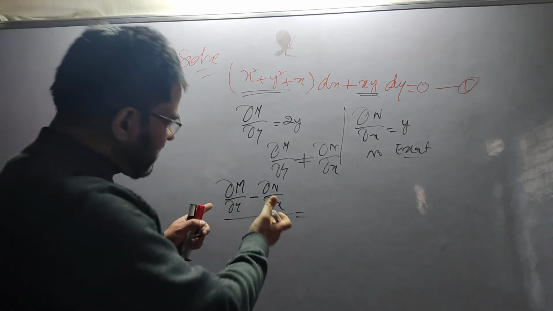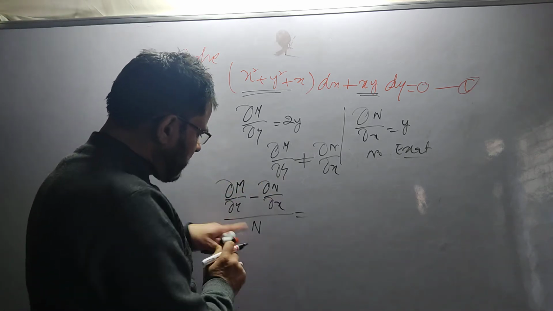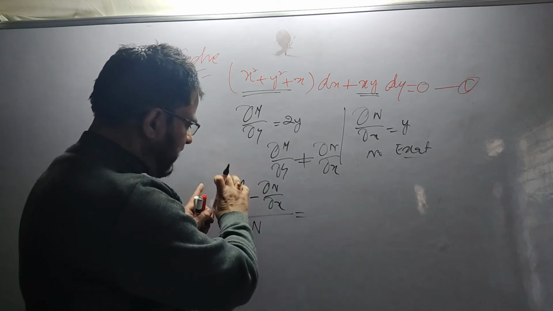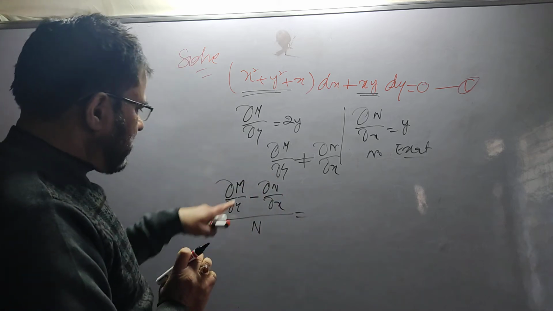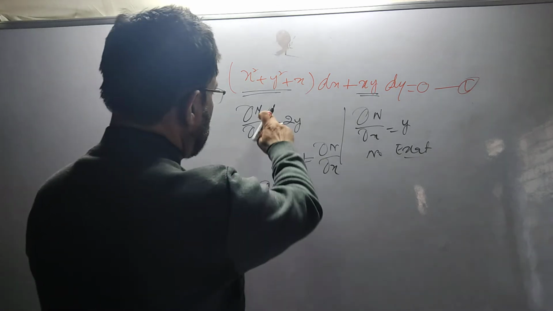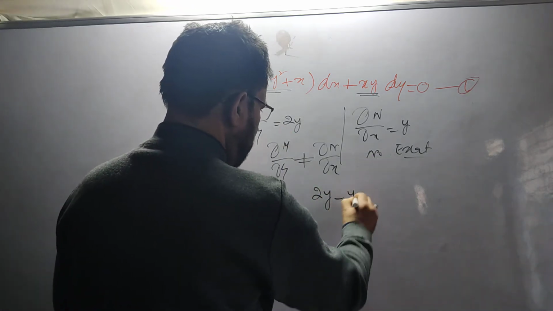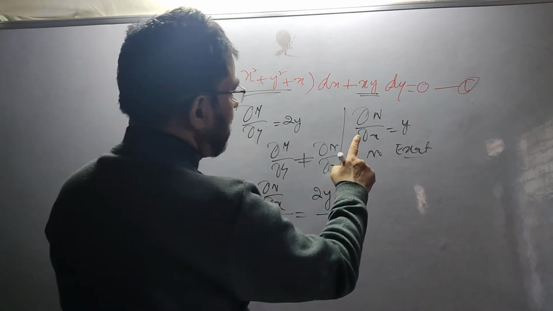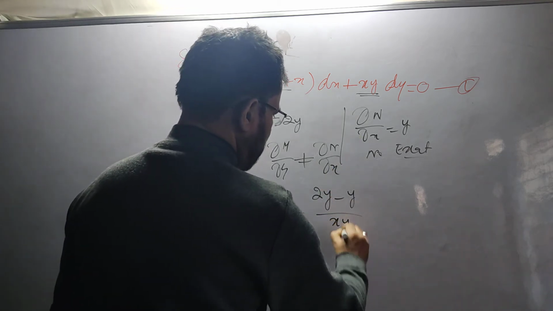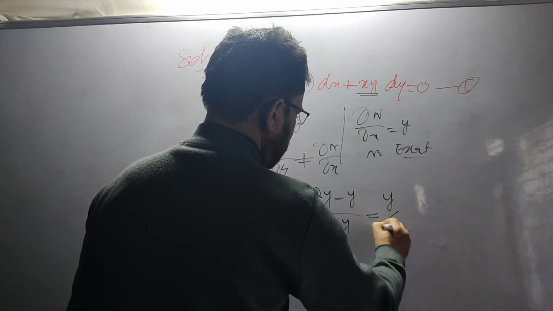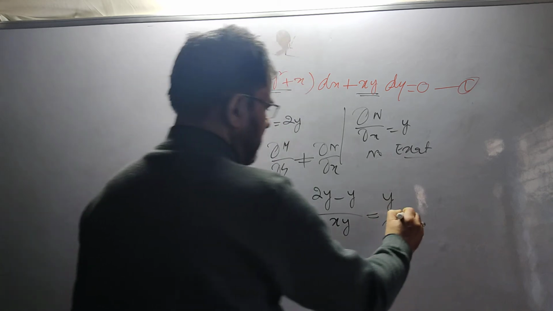If it is not, then I will see what is this minus this by m. Let us see here, del m by del y is 2y, minus y by what is your n? N is your xy. This comes to be y by xy. This is 1 by x.